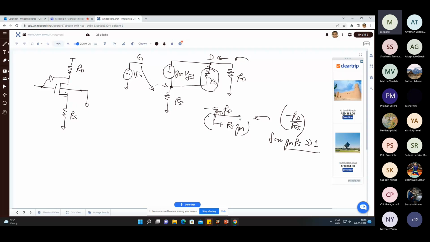So you may use it because here the RD and RS will not be dependent upon VT and mu, all those things which are temperature dependent and which vary too much from device to device. Here it is dependent upon RD upon RS. And in general, the individual RD and RS will also have temperature dependency. The individual R values change over temperature. They have some temperature coefficient.